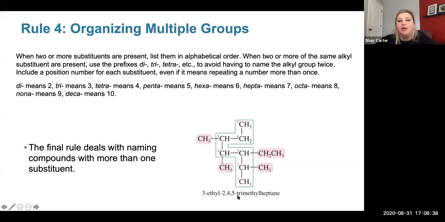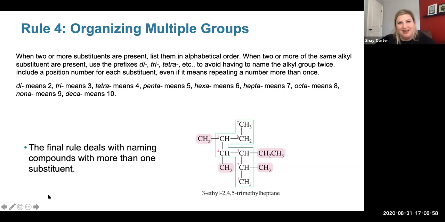But remember, our prefix doesn't count toward our alphabetical order, okay? So sometimes you'll see dimethyl after ethyl, and that's because we don't look at our prefix to determine our alphabetical order, only our actual substituent.